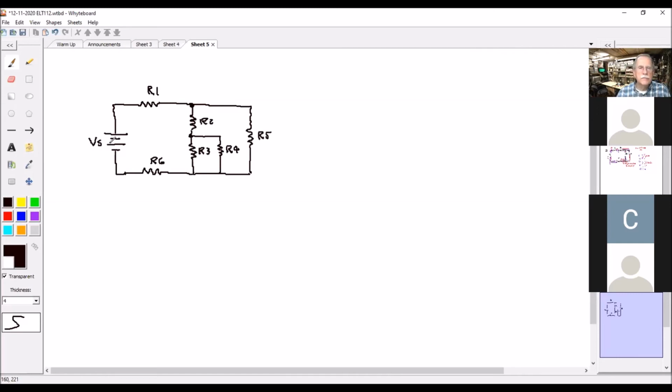Take a minute and see what's in series and what's in parallel. What individual resistors are in series and what individual resistors are in parallel?